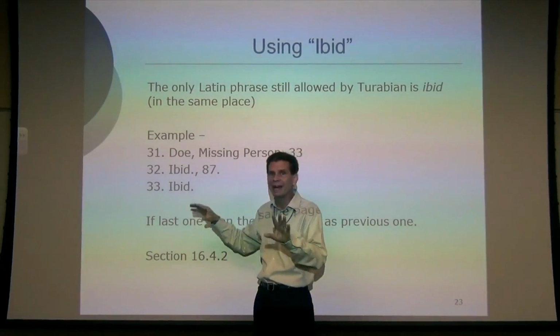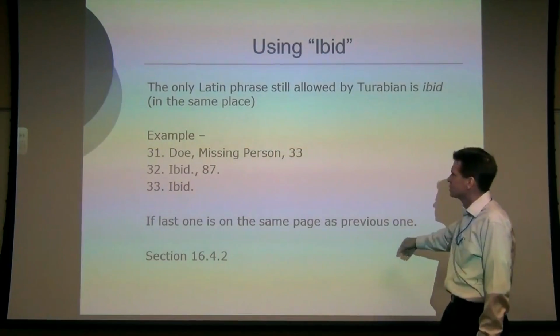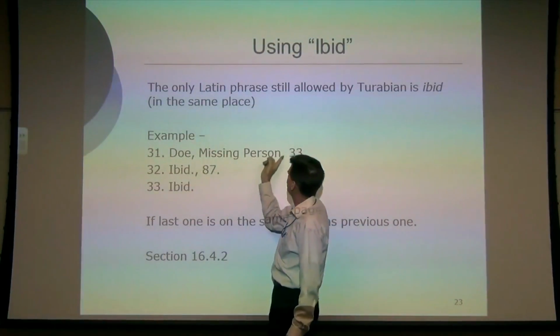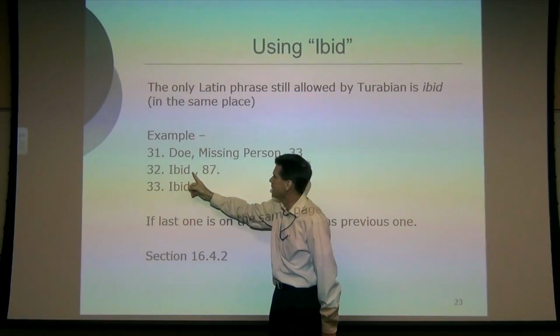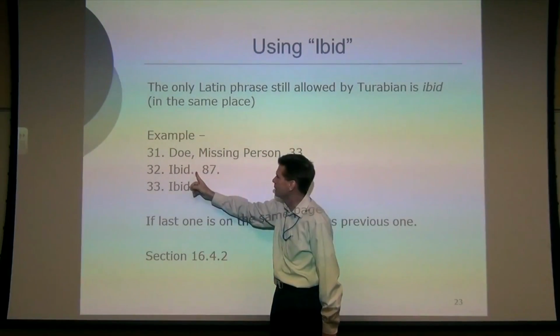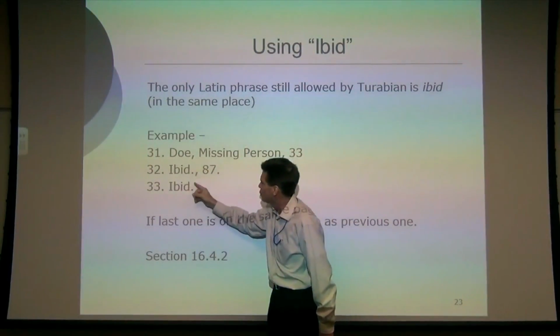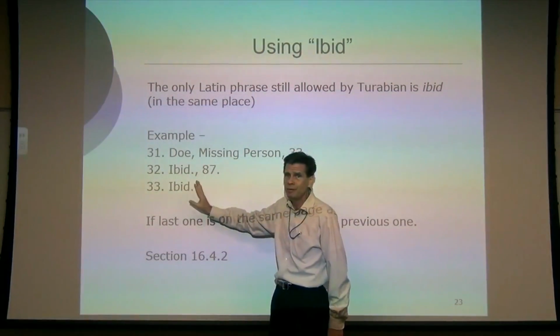If you use that again, as long as you're quoting from DO, you can use Ibid, remember always the period, then a comma, then the page number. If the next one is on the same page, you can just use Ibid, period.